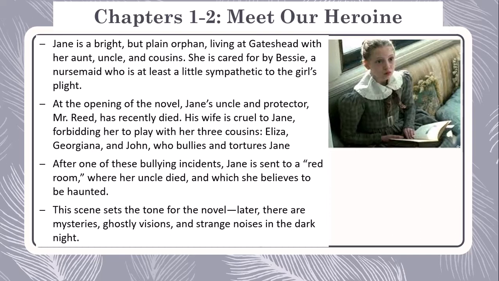He expects to be smarter than her. You can see her pictured here in one of the film versions reading. And there's the idea of women being confined to a certain place during that time, as well as this gothic tone that we're going to talk more about later on.